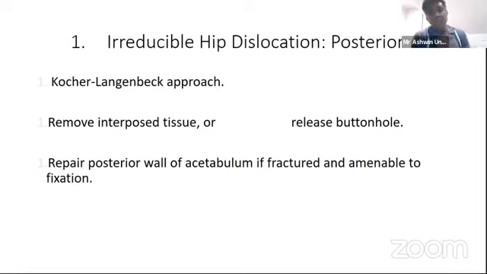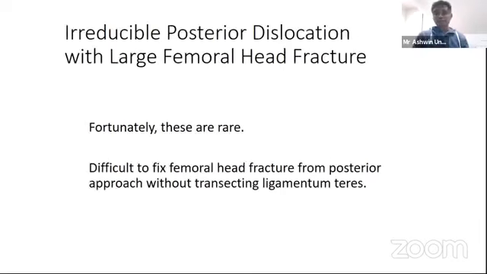When you have a patient with multiple trauma injury, what you want is a slick operation, reduce the hip, and be comfortable about the anatomy when you're going in. So when you have a posterior dislocation with a large femoral head fracture, this is when it gets into what I would say is tiger territory, where you have to be very crucial from the time point of view, the team around you, and how to do this.